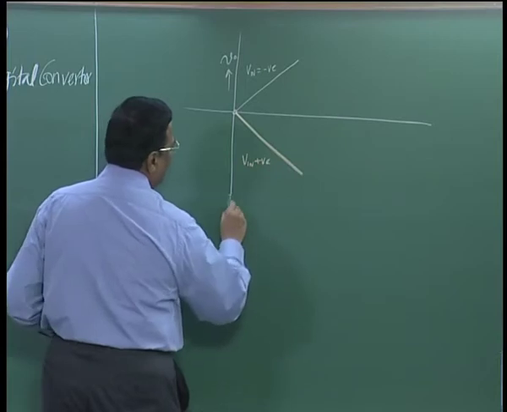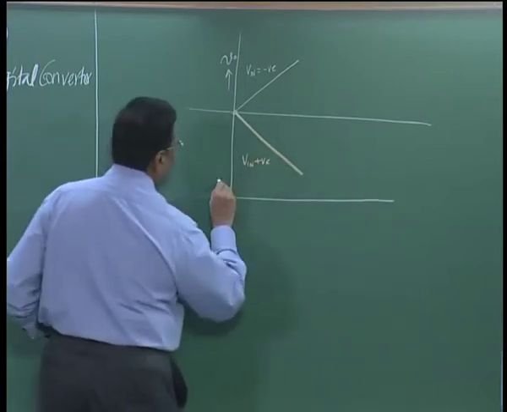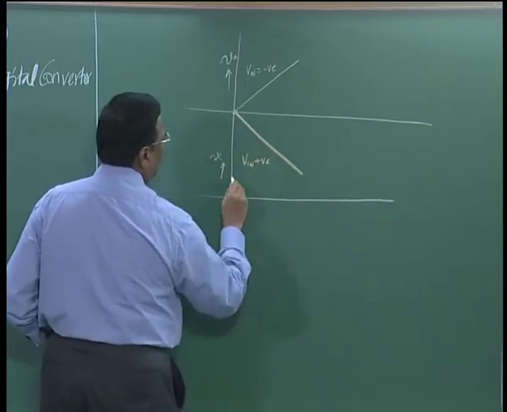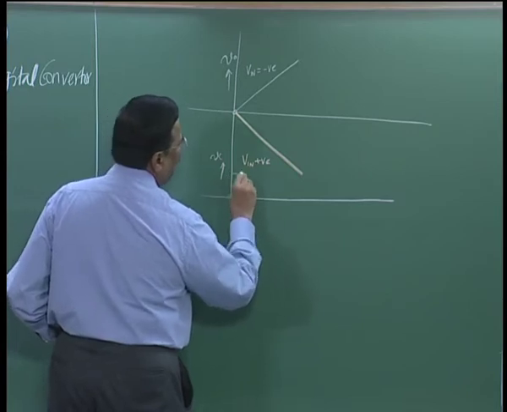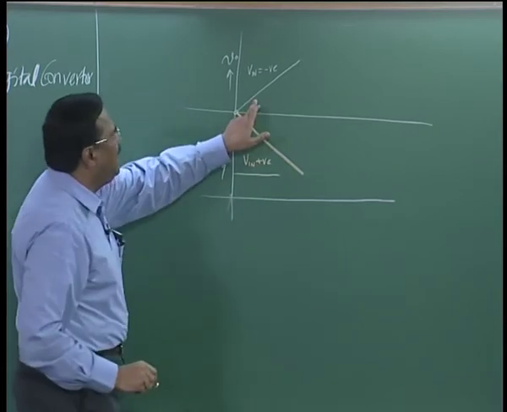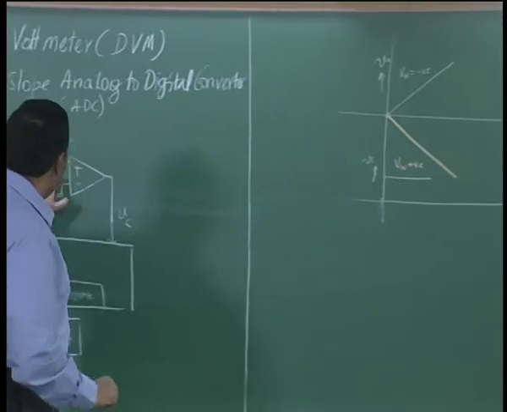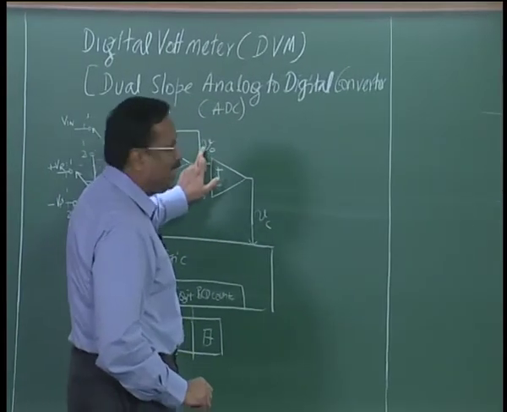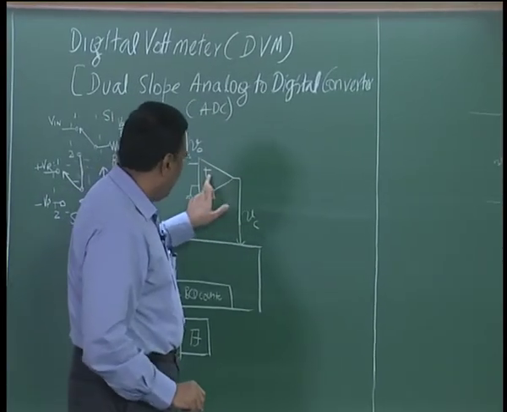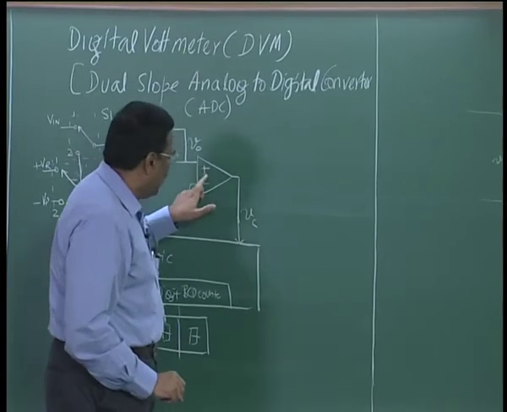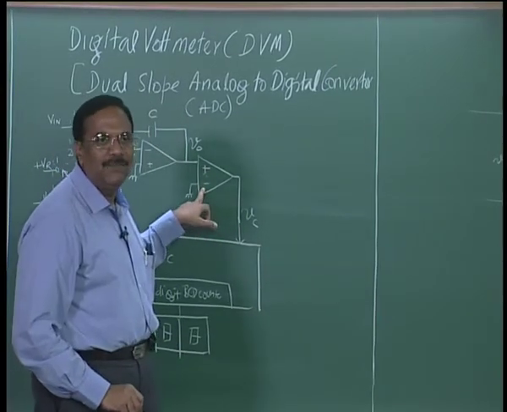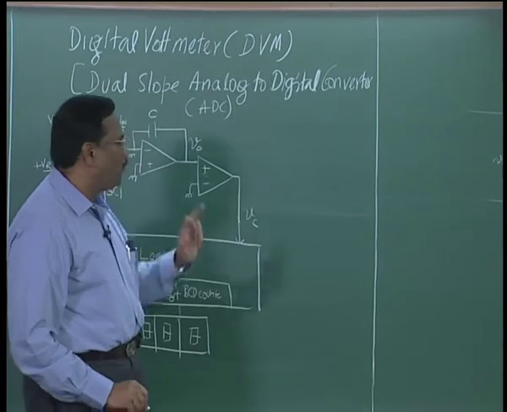Now, if I look at the comparator output voltage, this is Vc, it would be 1, because as soon as V naught becomes positive, the comparator non inverting terminal is more than the inverting terminal, which is grounded. So, the output would be 1.